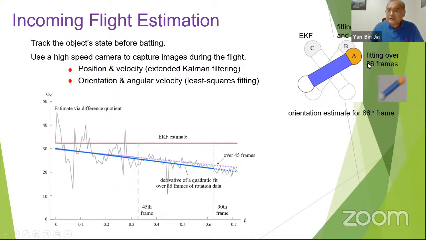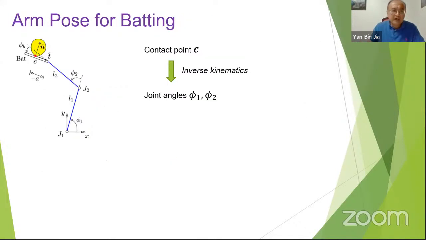This one shows the fitting results over 45 frames and 86 frames. A is actually the modeled one, and then the real one is right here. It's taken by the image, that particular frame, and that is very close. So in this case, the batting I think happened at around 90 frames, when the estimate is good enough.